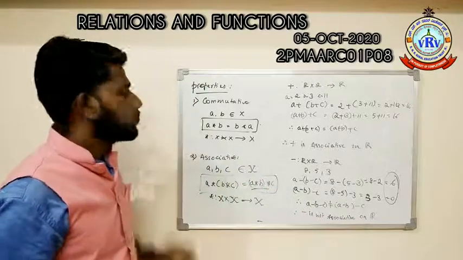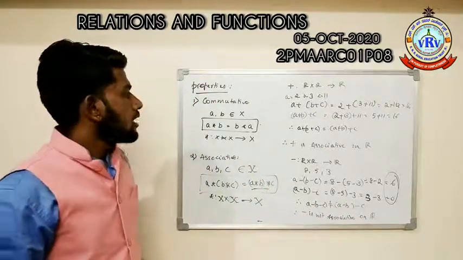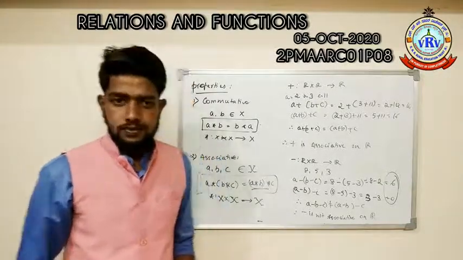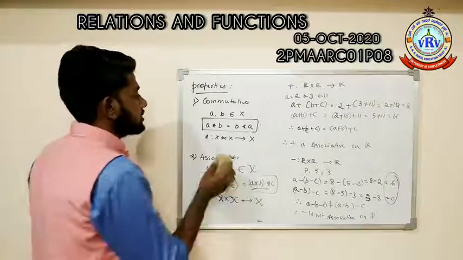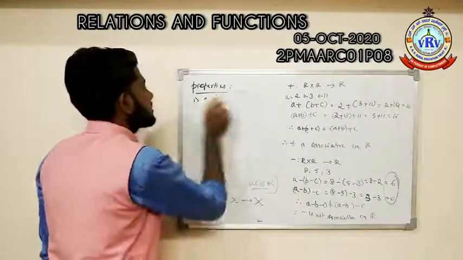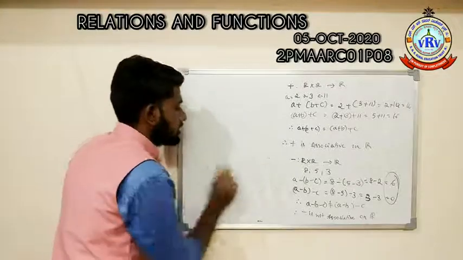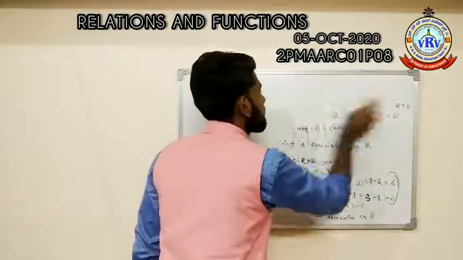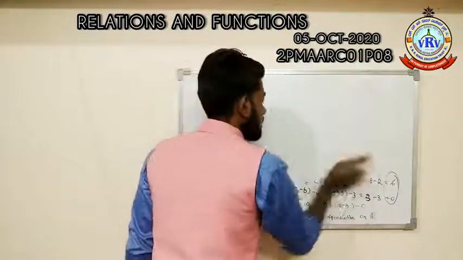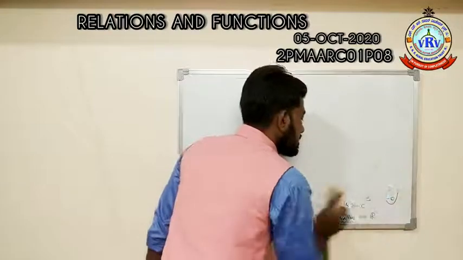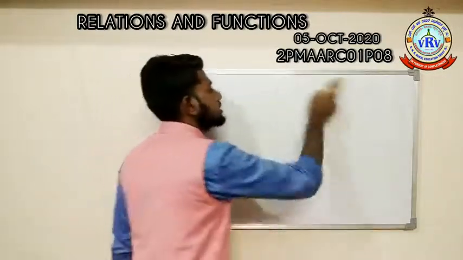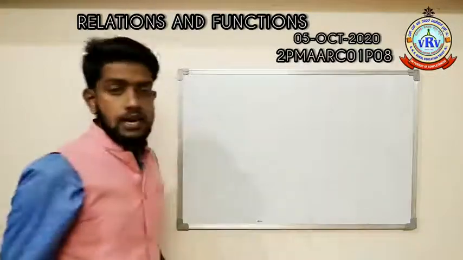Okay, this is about the properties of the binary operation. And the next concept is identity element on a set. In any set, there is a case that if you operate an element with any element of this set, it will return the same element.